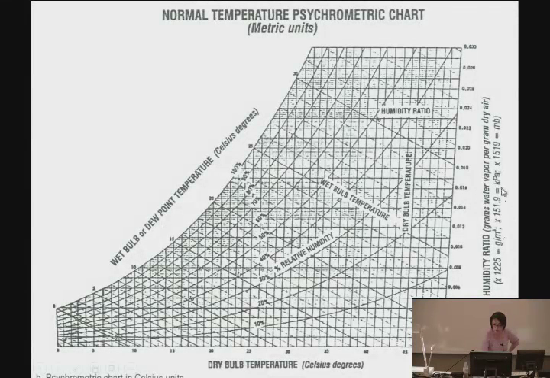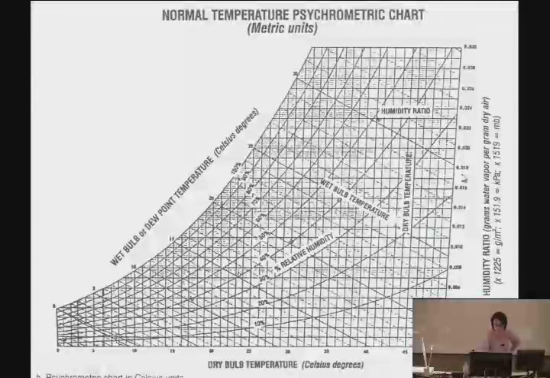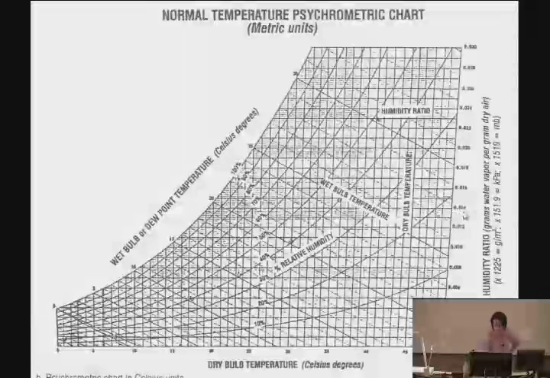Here, to get the vapor pressure in kilopascal, it says multiply by 151.9. So whatever you read in this chart, for example 0.014 in this tiny little font, times 151.9, you get the kilopascal reading of vapor pressure.